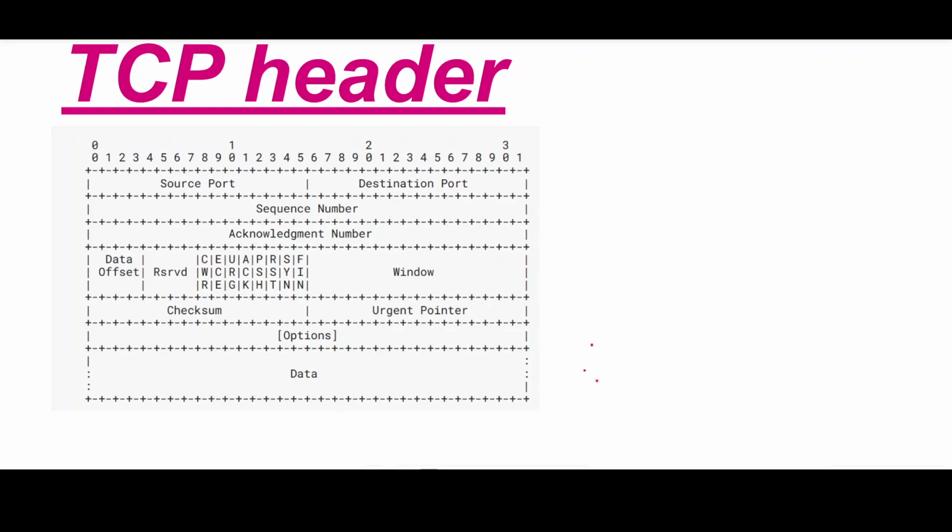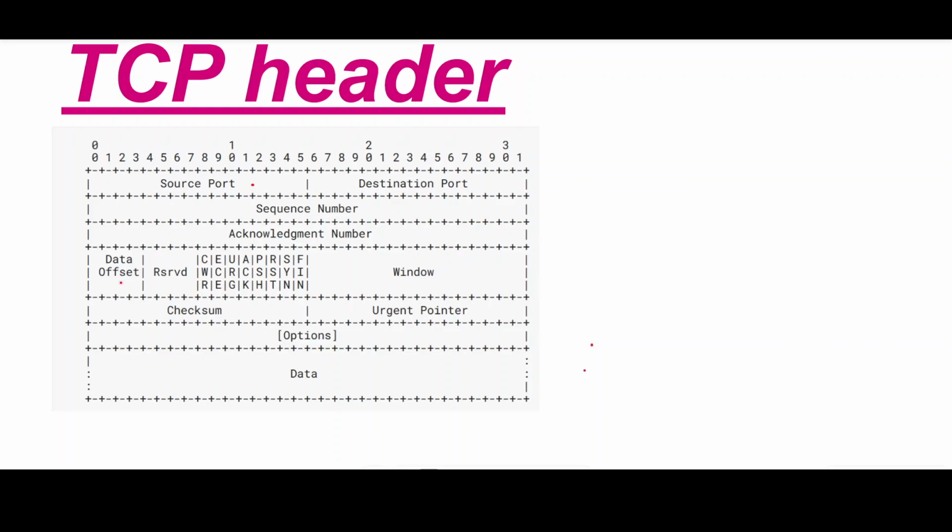Here we have covered more points in the previous section: source port, destination port, sequence number, acknowledgement number, data offset and reserved bits. The reserved bits are used for future use, and in the segment this is set as 0, followed by a set of control bits.